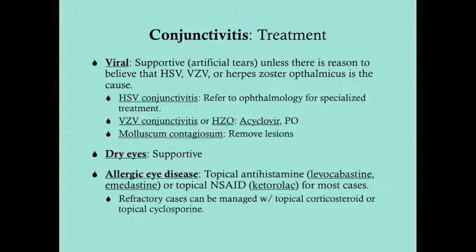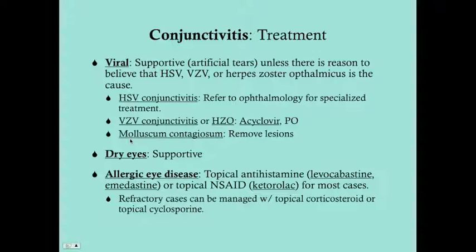If it is varicella conjunctivitis, or if it's herpes zoster ophthalmicus, usually you see the varicella in the children and the herpes zoster ophthalmicus in older adults, acyclovir is your treatment of choice. And then another one that I didn't really give a whole lot of time, molluscum contagiosum, can also cause conjunctivitis.